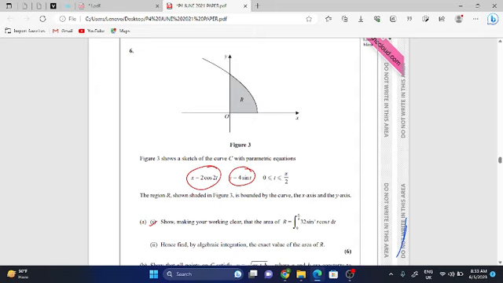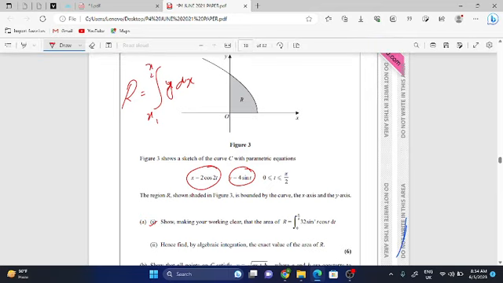Okay, so what you can see over here is that the region is given to you. For that, you have to use the formula for area. Its formula is the integration of y dx, because it is rotated along the y-axis, and the limit will be x1 to x2.